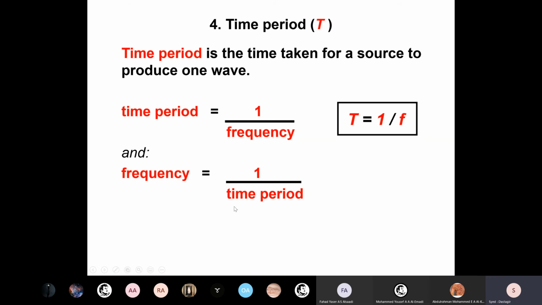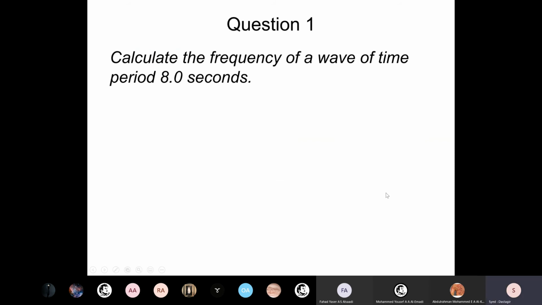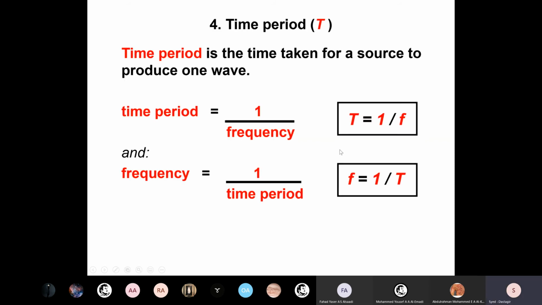You just swap these two around, and frequency equals 1 over time. F equals 1 over T. Okay? Everyone with me? Make sense?